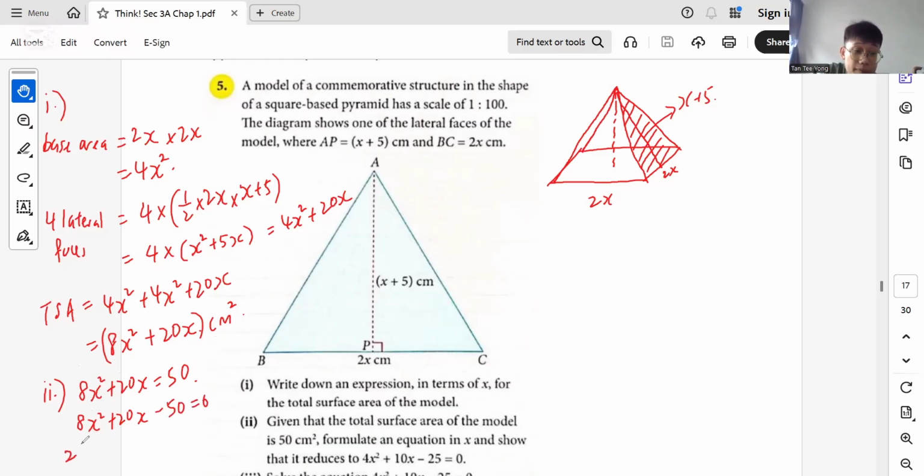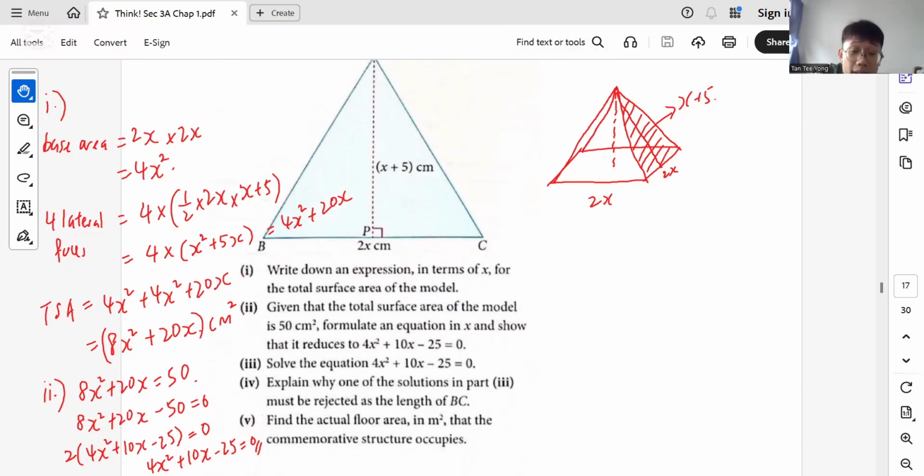Factorize out 2, then divide by 2, so 4x squared plus 10x minus 25 equals 0. Okay, so it's shown.